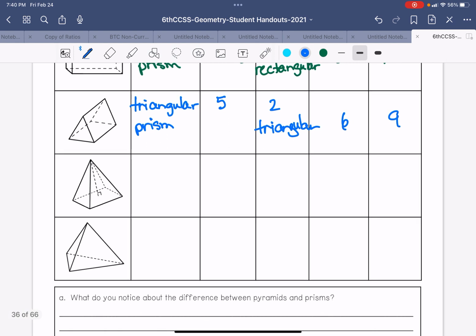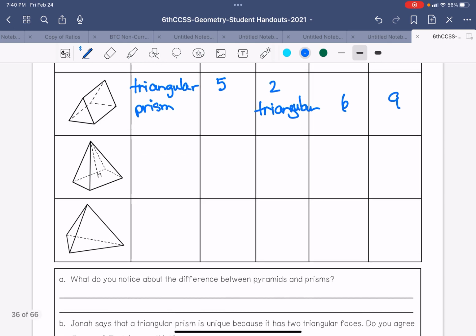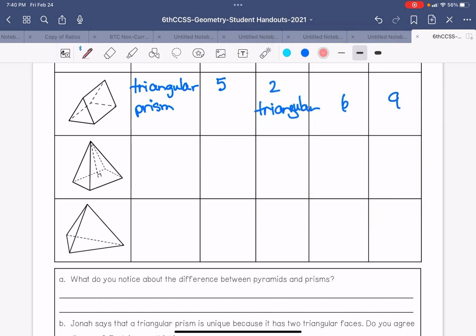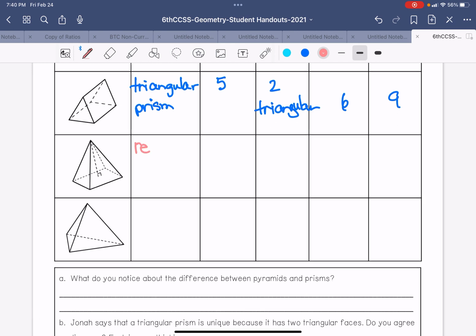All right, this shape is different. Go ahead and see if you can name it and figure out why it is different. Pause the video. This shape is a prism, and it is a rectangular prism. Pyramid. Sorry, it is a pyramid.